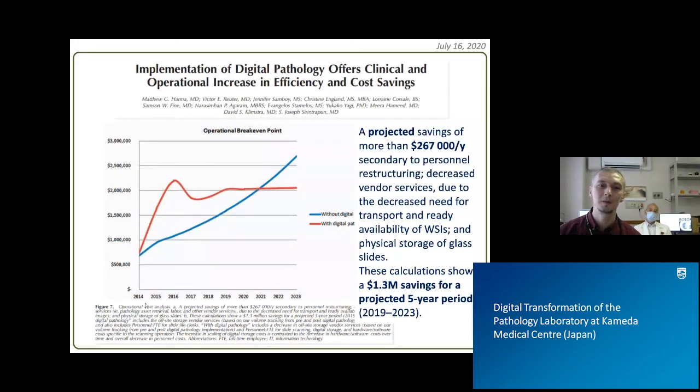Only after maybe 5-7 years, with their huge load of specimens, you may cross the money spent without digital pathology and finally have some ROI.